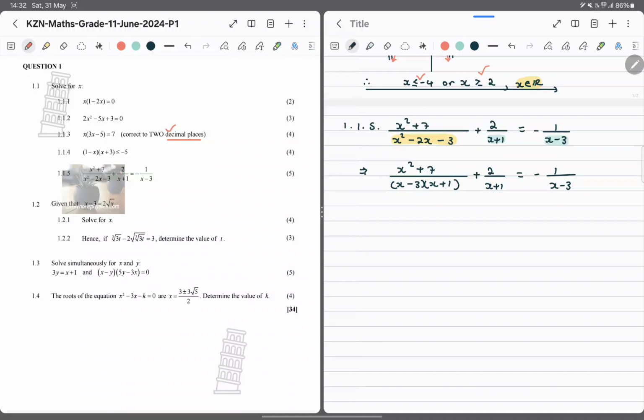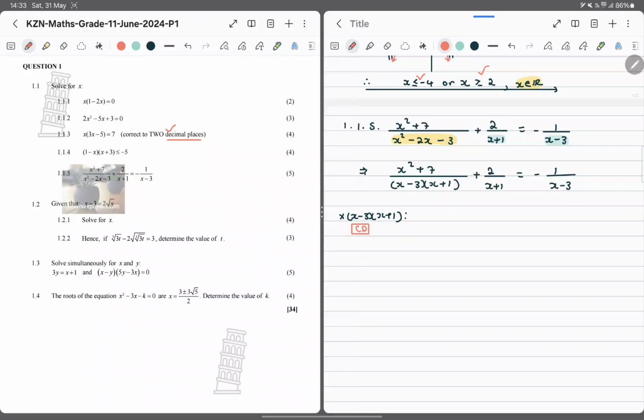Now, folks, we then need to multiply by the common denominator, which is going to be x minus 3 into x plus 1, because this is common. So this can go in there, this can go in there, it can go into itself. All right, so this is the concept of common denominator.